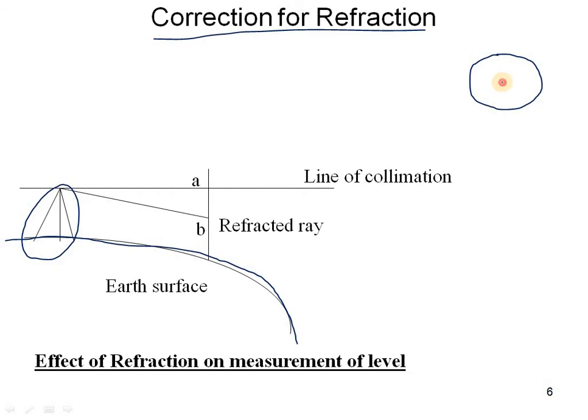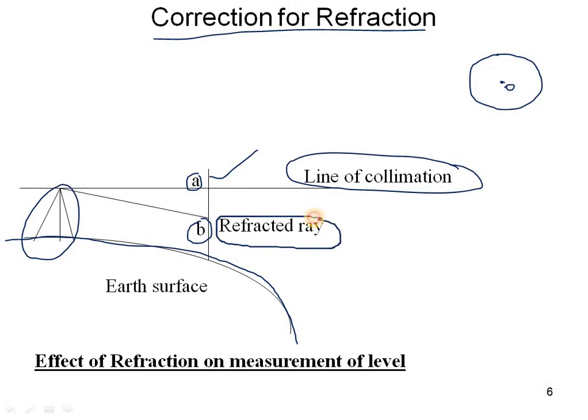We determine this is the center of the earth crust, determined as O. The line of collimation is determined as A, this is our leveling staff, and this is B. We will call it the refracted ray. This is the refracted ray position and this is the earth surface.